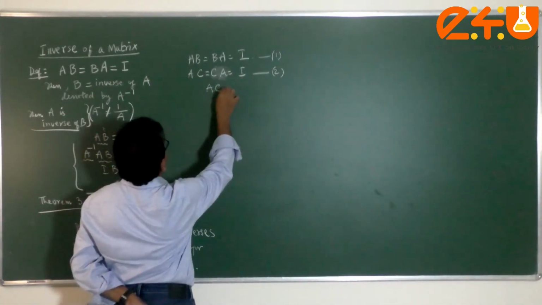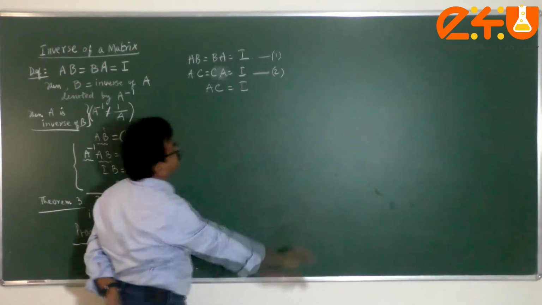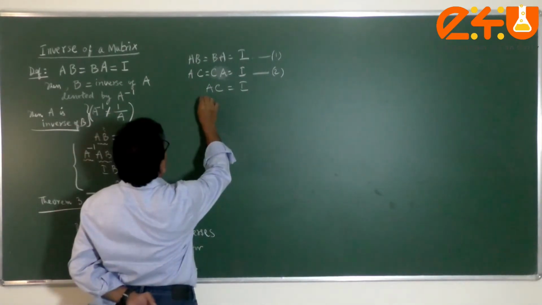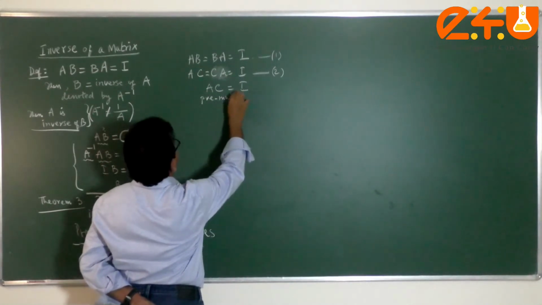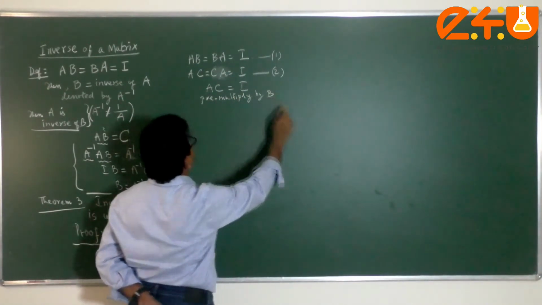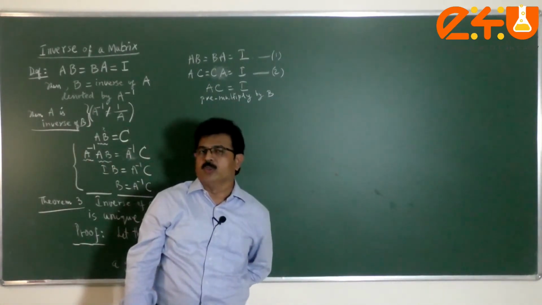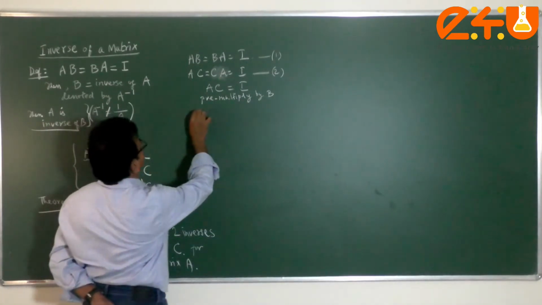Take this statement. Let us start with AC equal to I. Then let me pre-multiply. Let us be very specific. Pre-multiply by B. So when I say pre-multiply by B, we are going to follow the same operation on LHS and RHS.